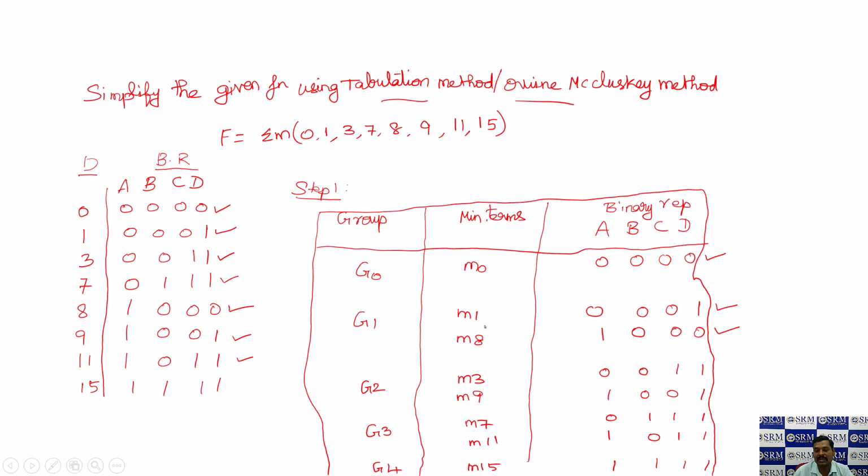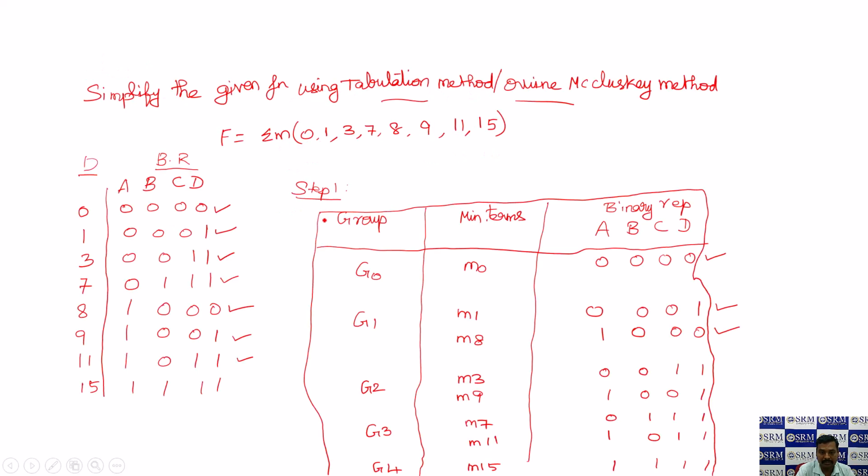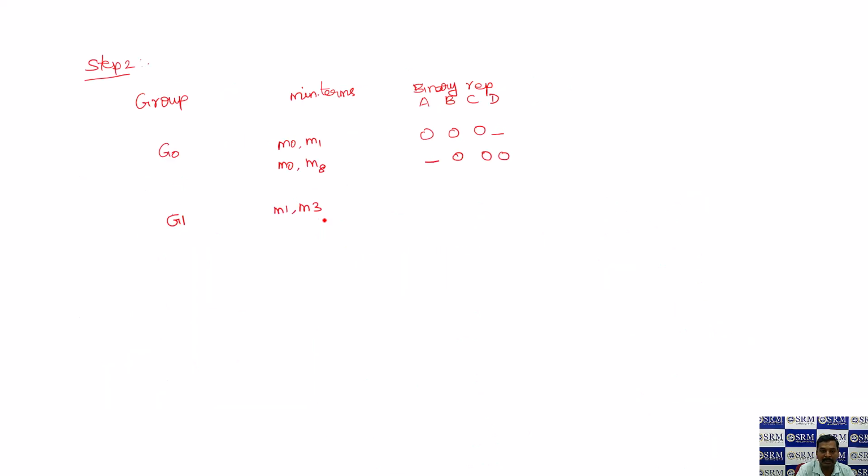Okay, let's compare first M1 with M3. So A is same, B is same, C is varying, D is same, right? So now I'm comparing M1 with M3. Go back here. So M1, M3, the first bit is same, the second bit is same, the third bit is varying, right?